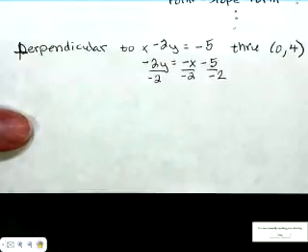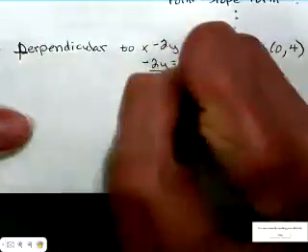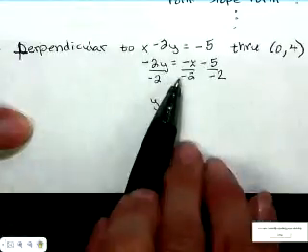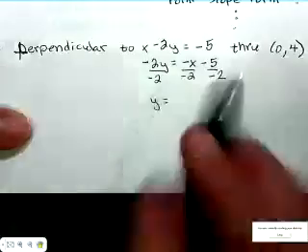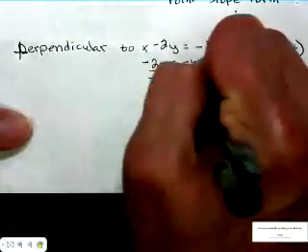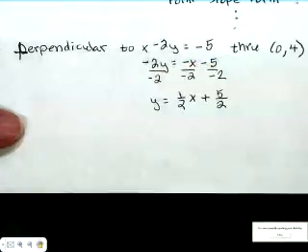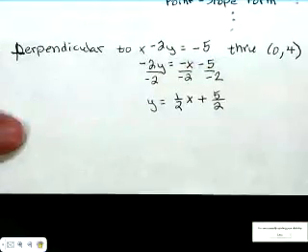That can be written more simply as y equals, is that slope positive or negative? A negative divided by a negative is a positive. That's positive 1/2 x plus 5/2. So the slope of this line is what?